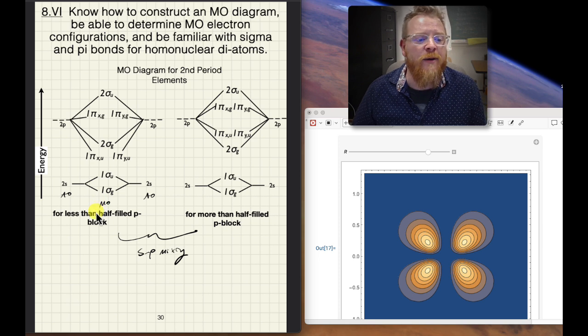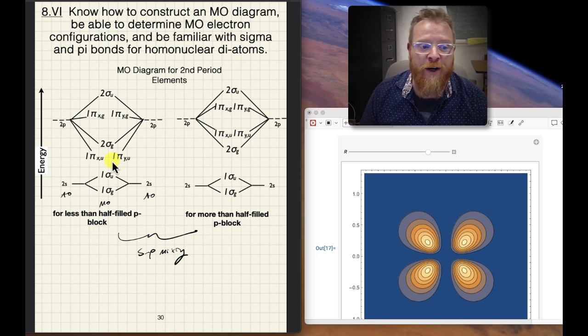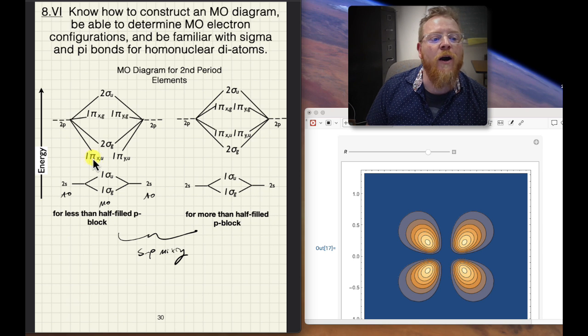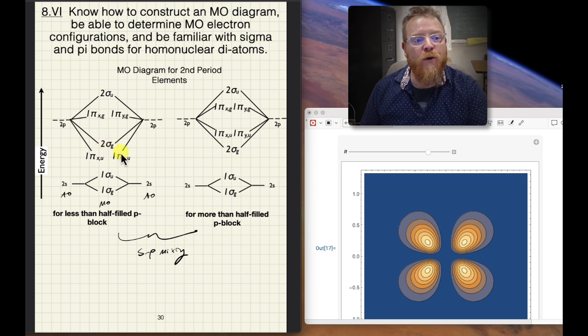As it turns out, in calculations for simple homonuclear diatoms that are less than half filled in the p block, the pi orbitals are lower in energy. So our pi xu and our pi yu are lower in energy than our 2 sigma g. Recall, these come from px and py.